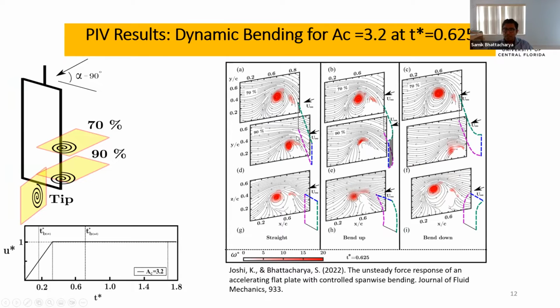We measure the leading edge vortex at different span-wise locations, which are A to D of the figure. And then we also measured the tip vortex, which is figure G, at the tip of the wing. And you can clearly see that when the wing bends away from the flow, the tip vortex and the leading edge vortex structures are entirely different from the rigid wing. So we are able to explain the vortex dynamics that occurs due to these different types of morphing.